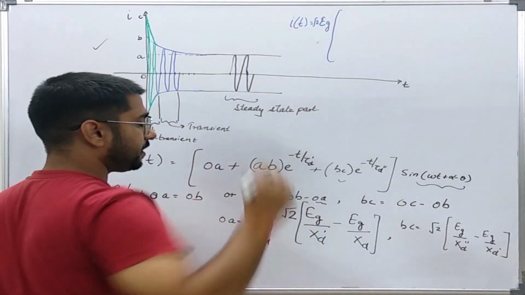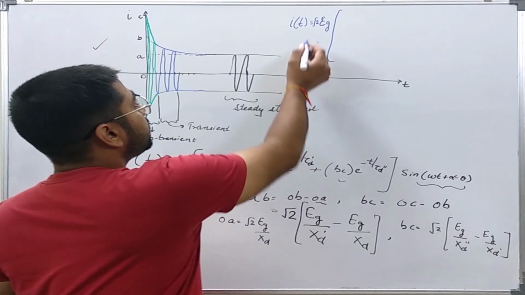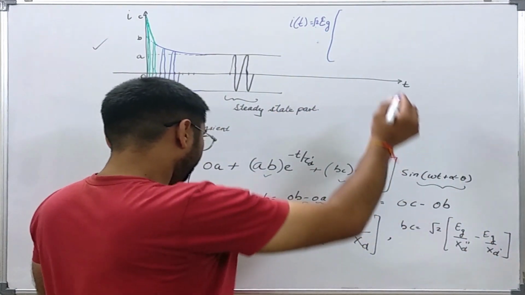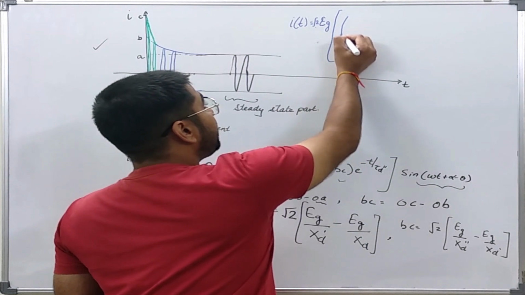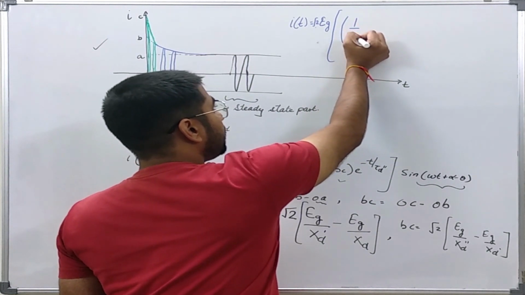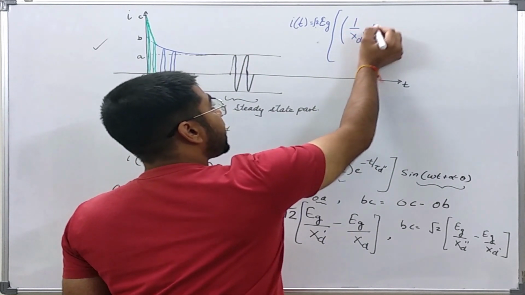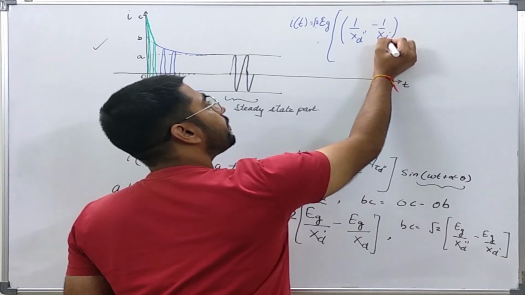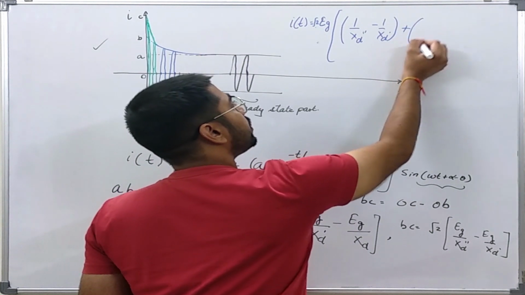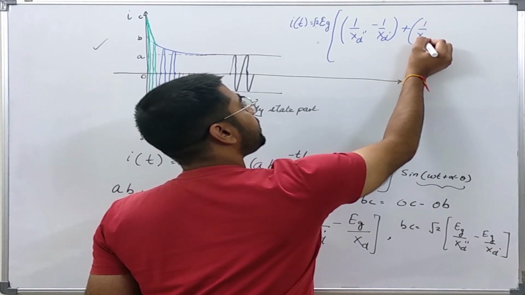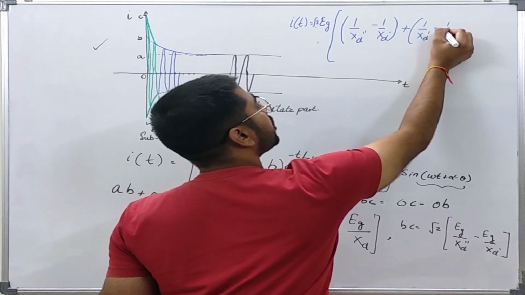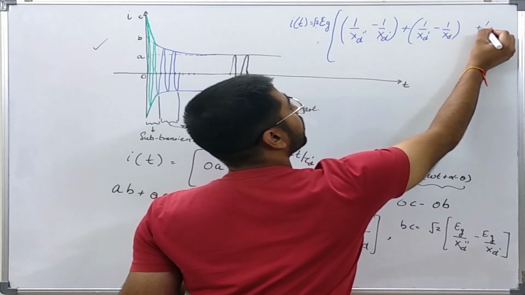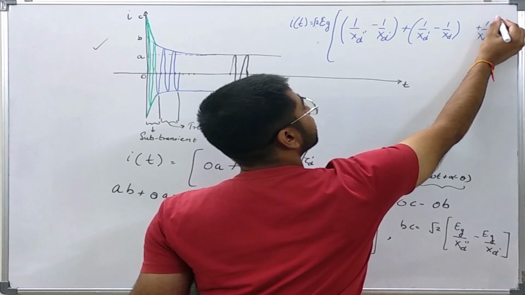This is the RMS representation, and this is the maximum value. So what I will have is 1 over xd double prime minus 1 over xd prime plus 1 over xd prime minus 1 over xd plus 1 over xd.